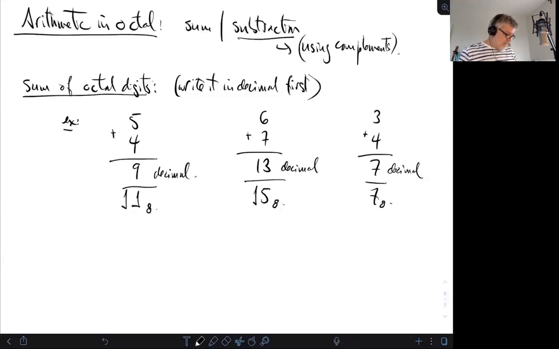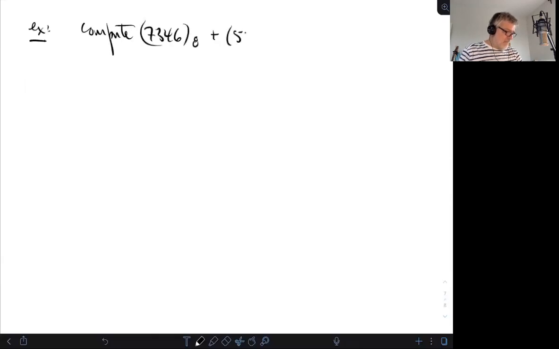Okay, so let's see how this works when we have bigger numbers. So for sum in general, use the above method and carries, obviously. Okay, so here's an example. I'm asked to compute the following: the sum of 7346 octal plus 5263 octal.